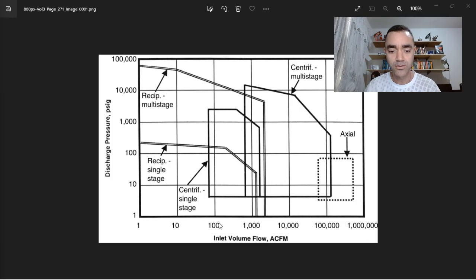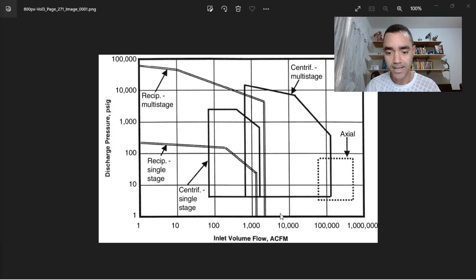So based on that, you can see that as you increase the actual volume flow, you pass from the boundaries of the reciprocating compressor. Here we have different boundaries according to different types of compressors, and there is no absolute truth.